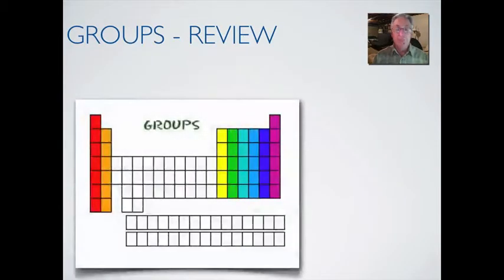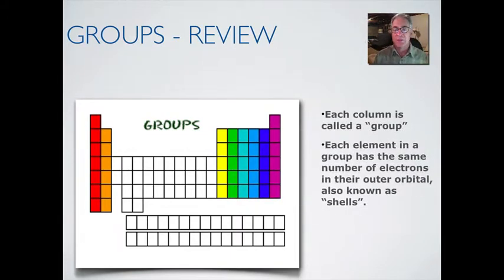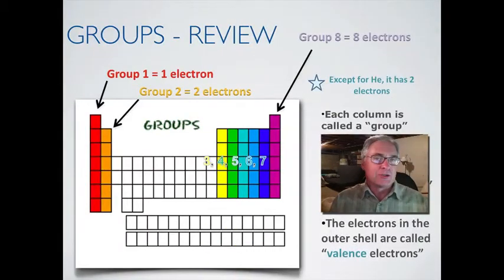As a quick review, each column represents a particular group, and that group, because of the outer valence, has certain characteristics. It's all determined by that outer shell or valence of electrons. And of course, that outer shell is where we're going to find the various amounts of electrons.